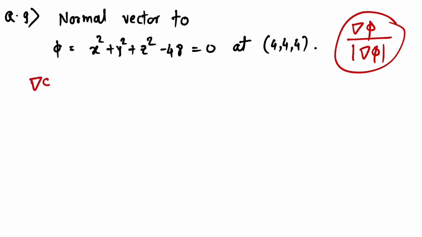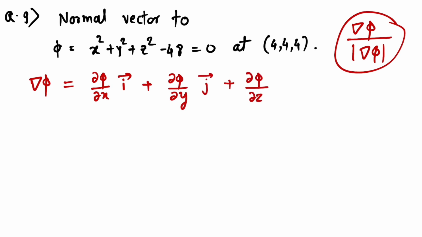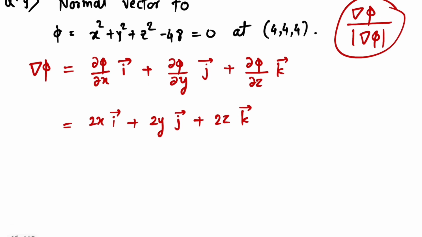So here we have the gradient of phi is del phi by del x i plus del phi by del y j plus del phi by del z times k. So this is equal to, the derivative of phi with respect to x is 2x. Similarly, del phi by del y is 2y, and lastly it is 2z k, right?